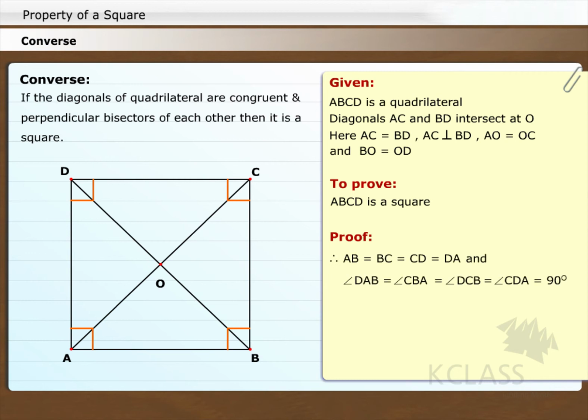Thus, each side and each angle of this quadrilateral ABCD are equal. Therefore, it is proved that ABCD is a square.